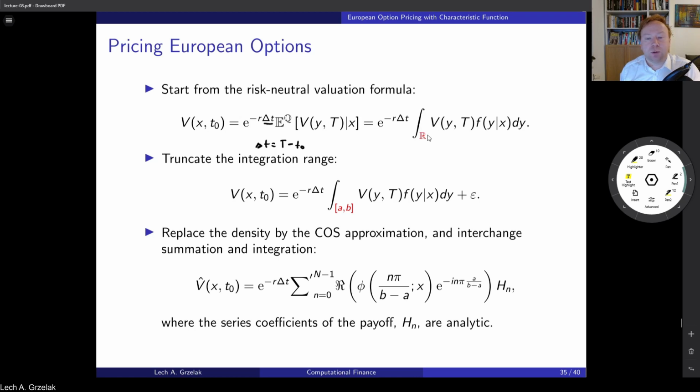This is equivalent, of course, to an integral over the real axis of a payoff function times the transition density. As I already mentioned before, here the transition is from time t0 until the maturity time T. It is maybe mathematically correct, but in practice we always consider time t0. So it is essentially a marginal distribution.